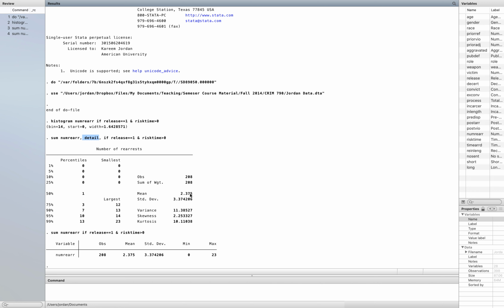Most people do negative binomials because of the rarity there. So that's what you should do first to test whether you should do a Poisson or negative binomial. Make sure you check the variance and mean first, so you'll know which statistic to actually run.